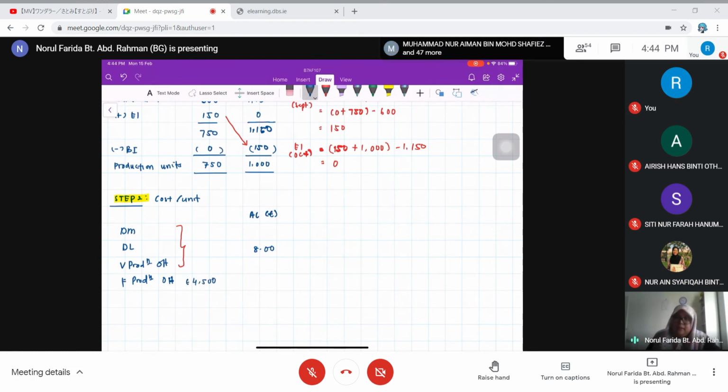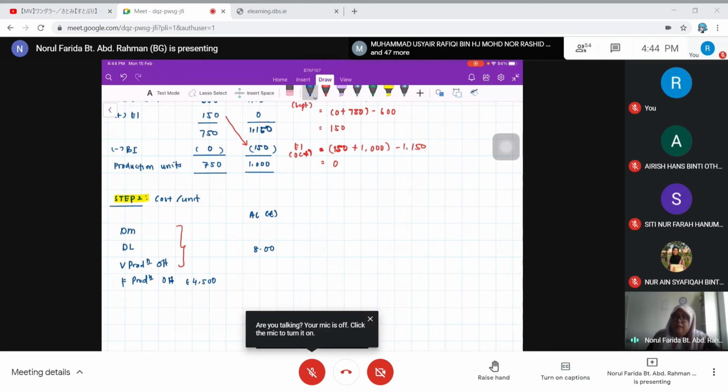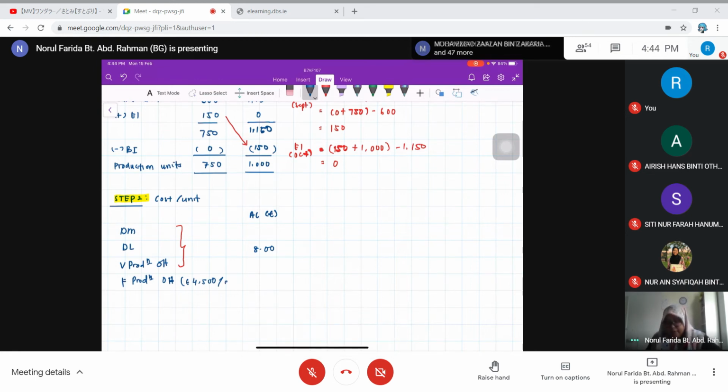Dah kata tadi nak kira rate is the budgeted overhead divided by the budgeted activity or the budgeted production. Alright. Budgeted production is 900. The normal level of activity or budgeted activity for both sales and production is 900 units per month. So that is the budgeted activity dia. Alright, so 4,500 divided by 900 you get 5.